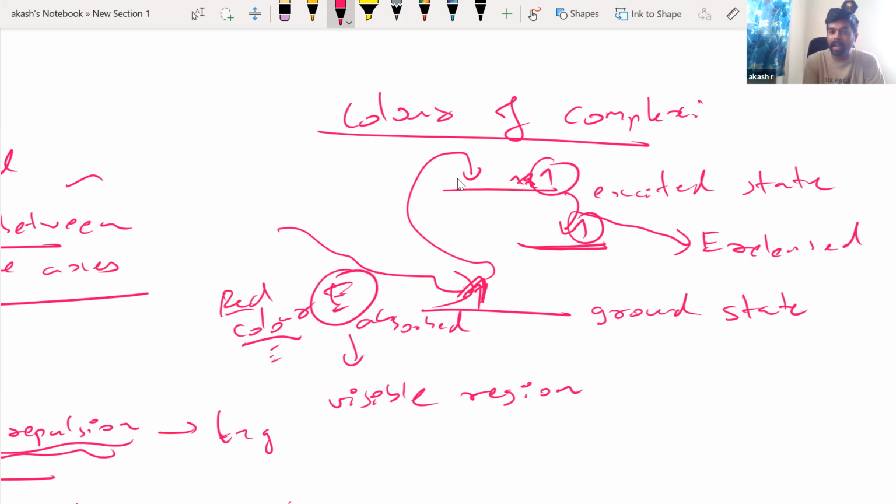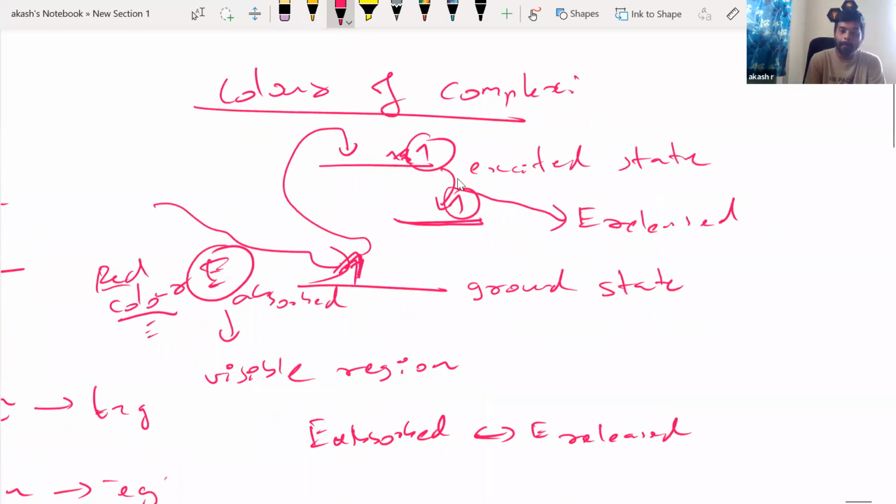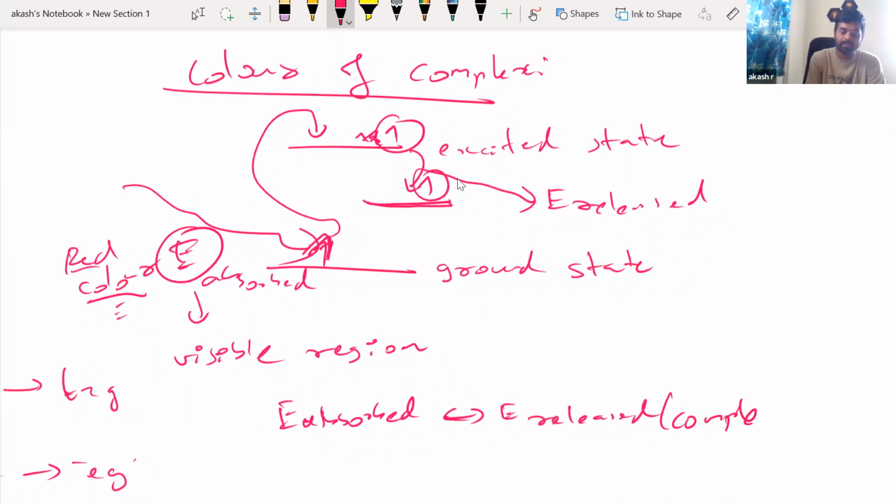Right. Now the energy released will always be complementary. If you think about it, the energy absorbed and the energy released, we will say that they are complementary to each other.